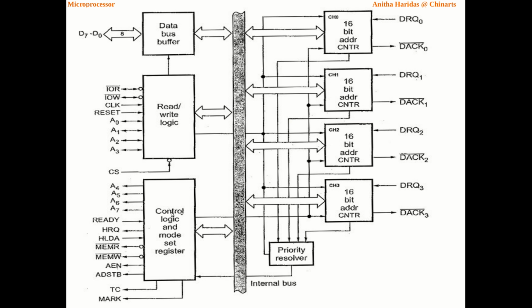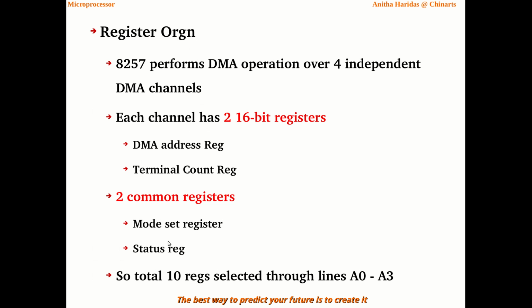Then inside the control logic, we have a mode set register, and we have a status register also. Right? So totally 10 registers are available in the DMA controller. Which register is currently selected by the CPU is done through the lines called A0 to A3.